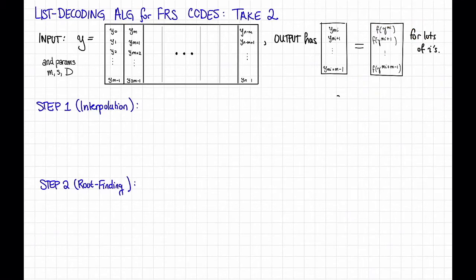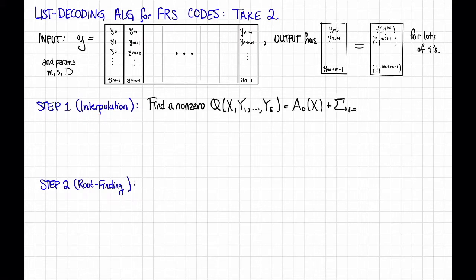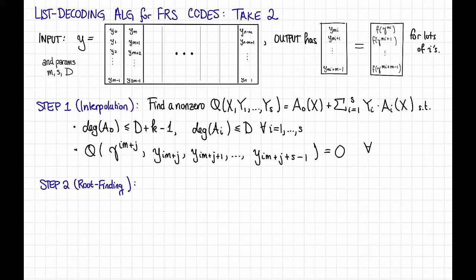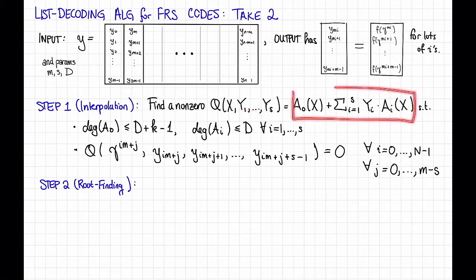Okay, so here's the algorithm. I've copied our desired input, this received word y, and our desired output, some polynomial f that agrees with y in a bunch of places. And as usual, our algorithm is going to have two steps, an interpolation step and a root finding step. Here's the interpolation step. We're going to interpolate a polynomial q of x and y1 through ys of the same form as before.